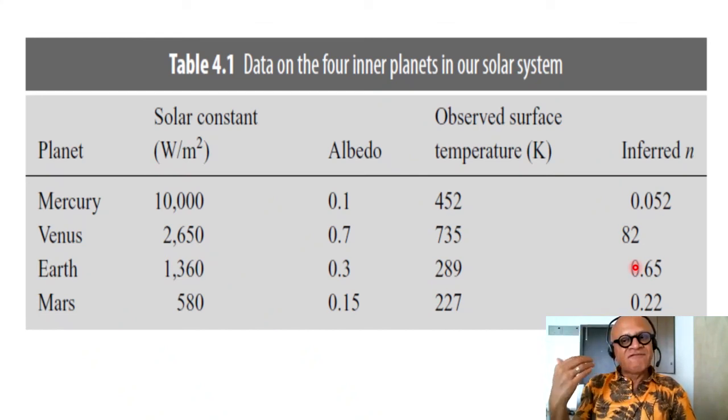So the effective number of layers for the emission temperature turns out to be 0.65. That's just the physics of it. Okay. Mars receives much less energy at 580, about half of Earth. Albedo is much lower, temperature is correspondingly lower, and it has a number of layers which are much lower at 0.22 as well.